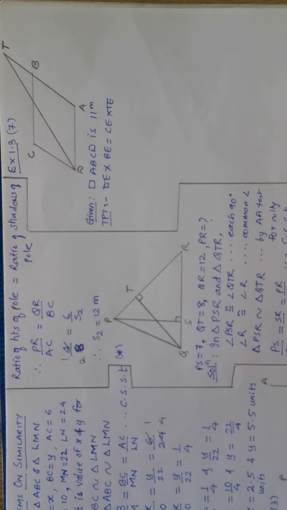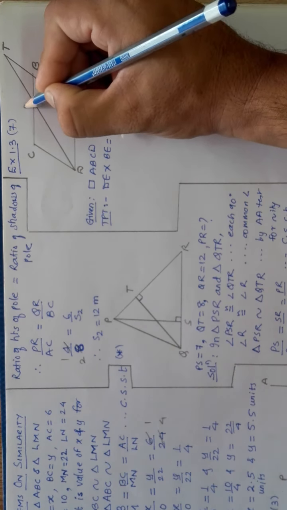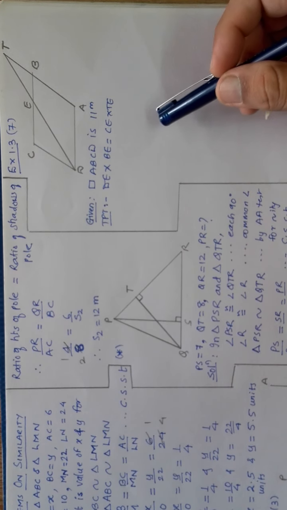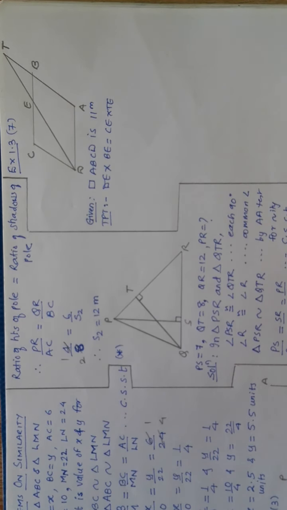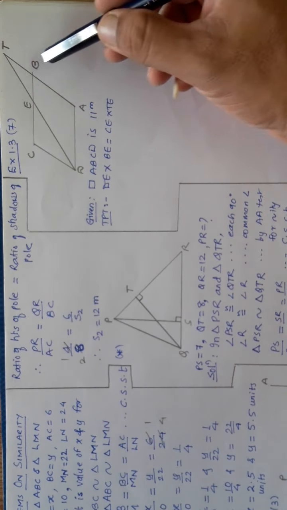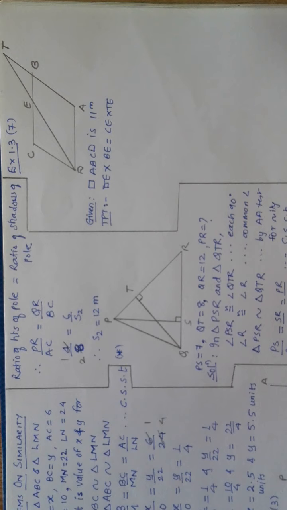See, I am showing you how to think. DE, so where is E? E is here. So this is your E. DE into BE, no issue. And CE into TE, okay, no problem, right?